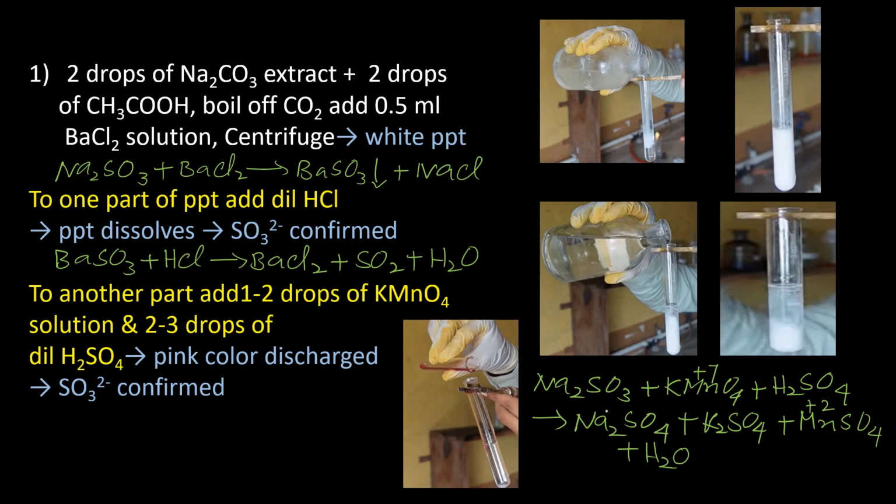So sulfurous acid, that means the anhydride sulfur dioxide, reduces manganese +7 to +2 state and itself is converted to sulfuric, that means sulfate ion. So the remaining all form sodium sulfate, potassium sulfate, manganese sulfate, like that. Okay, so sulfurous is converted to sulfuric and manganese +7 is reduced to manganese +2.